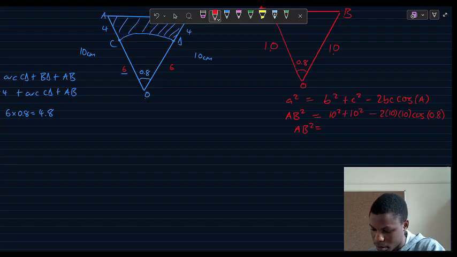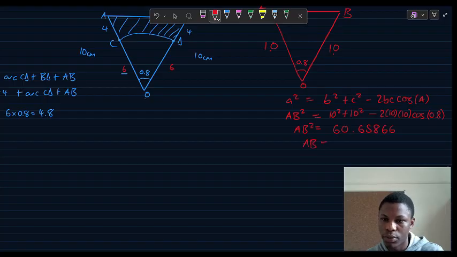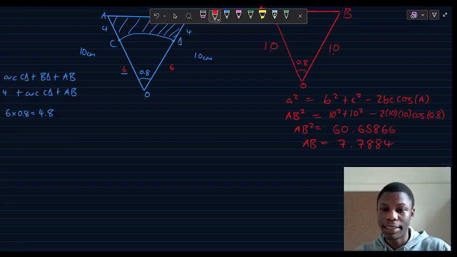For some reason I was not in radians, I was in gradian, so I switched. And we get 60.65866, and so on. So AB would be the square root of that, which is 7.7884.